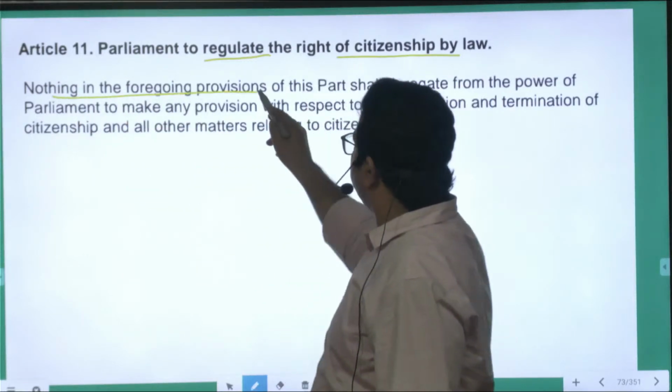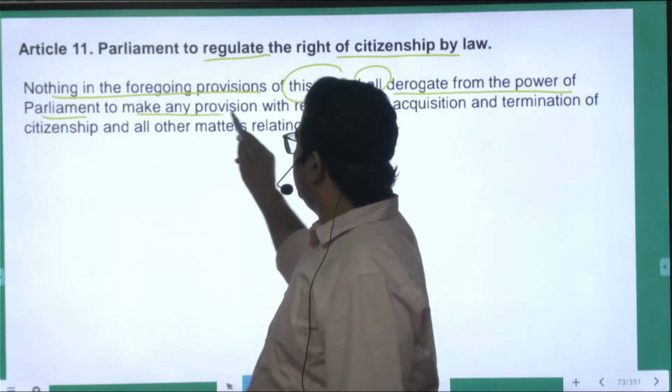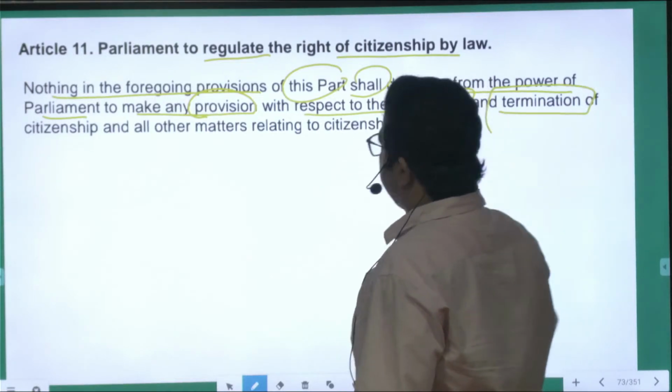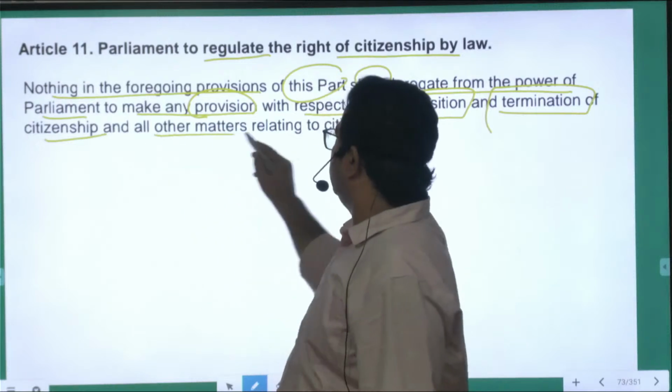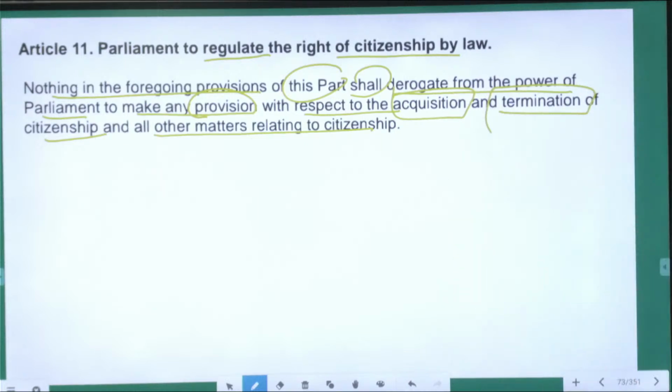So nothing in the foregoing provisions of this part shall derogate from the power of Parliament to make any provisions with respect to the acquisition and termination of citizenship and all other matters related to citizenship. Anything mentioned in 5 to 10 does not restrict the power of Parliament while formulating a law related to how a person can acquire citizenship, how it can be terminated, or how citizenship rights of an individual are regulated.